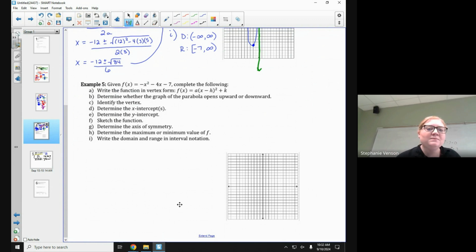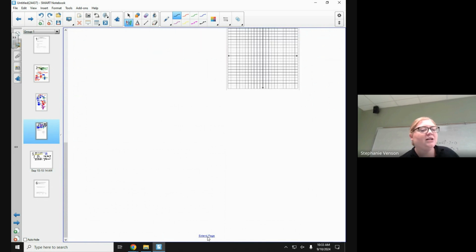Okay, so they give me something in standard form: f of x equals negative x squared minus 4x minus 7. Again, the first thing they ask me to do is rewrite it in vertex form. So I'm going to walk you through that process again, just down here. The original function was f of x equals negative x squared minus 4x minus 7.